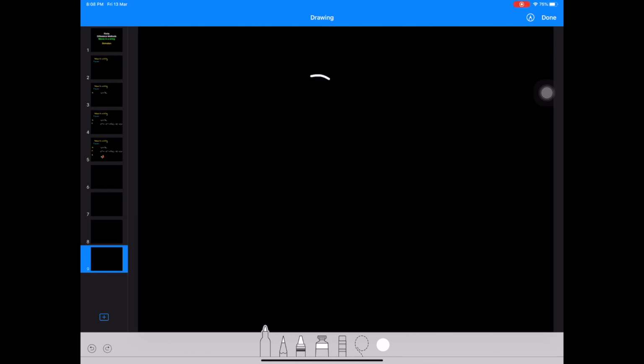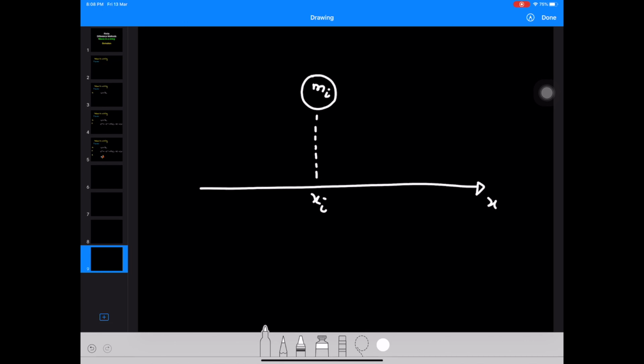Now, let's see what we have. We have the mass mi here, which is located at position xi on the x-axis. And we have another mass here, which is mi minus 1, which is located at position xi minus 1, and another point mass here, which is mi plus 1, which is located at position xi plus 1.